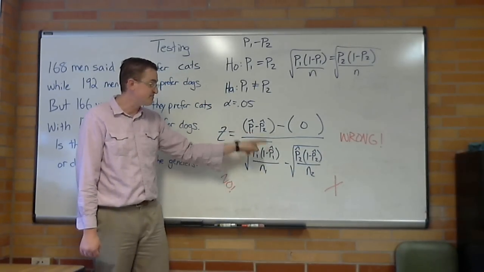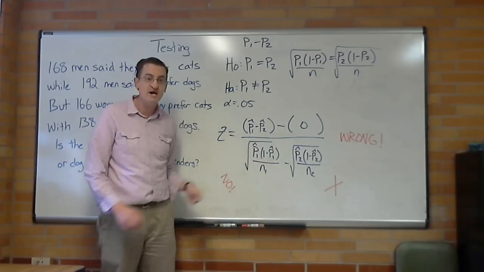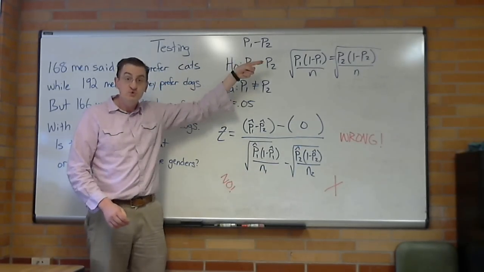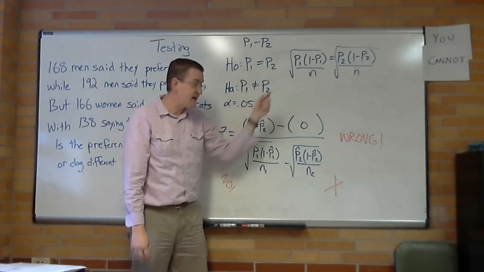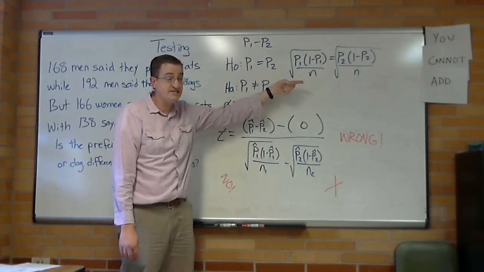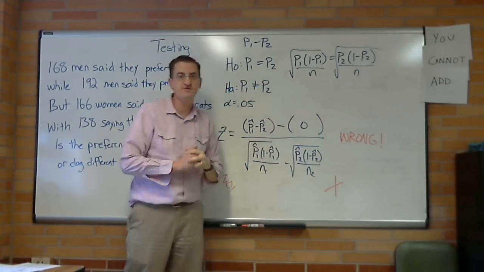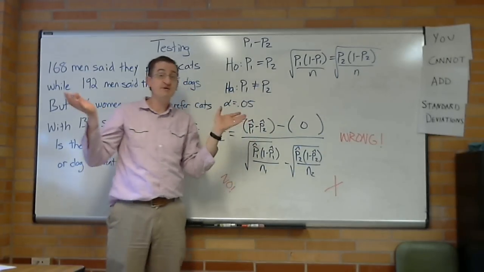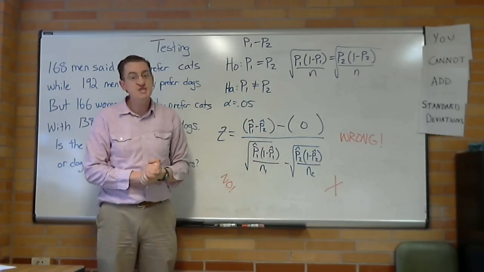And we subtracted their proportions, so we might think we would want to subtract their errors here. But you must remember that you cannot add or subtract standard deviations, because mathematically that's the same thing. And it even actually says that on the paper, but it's written small enough I don't think you can see it.